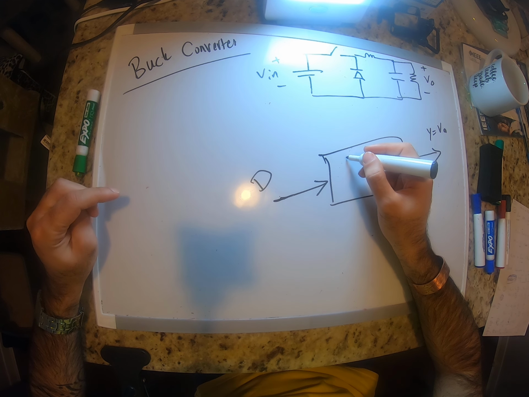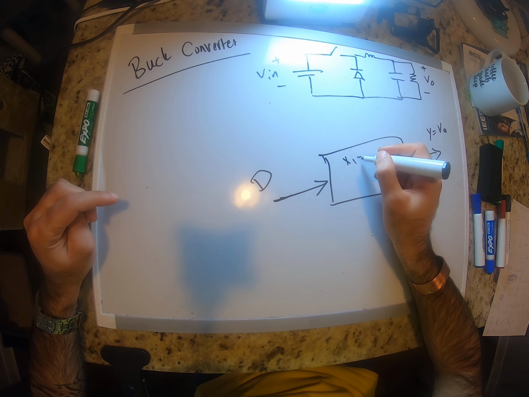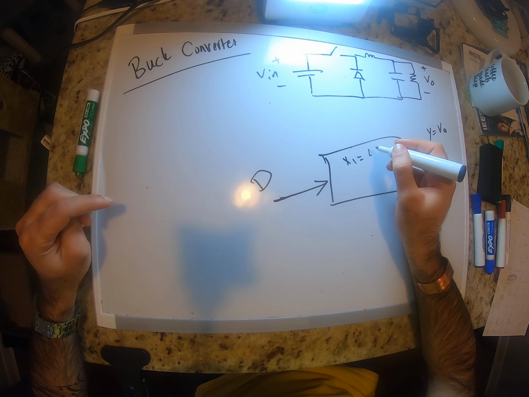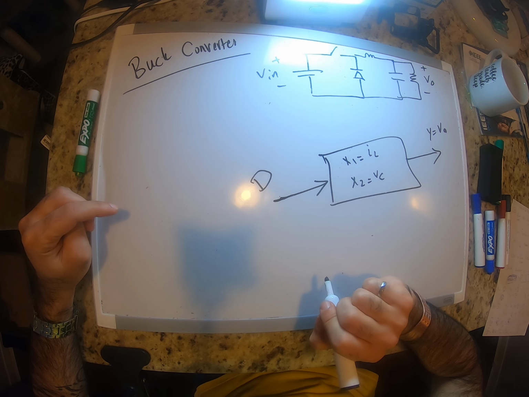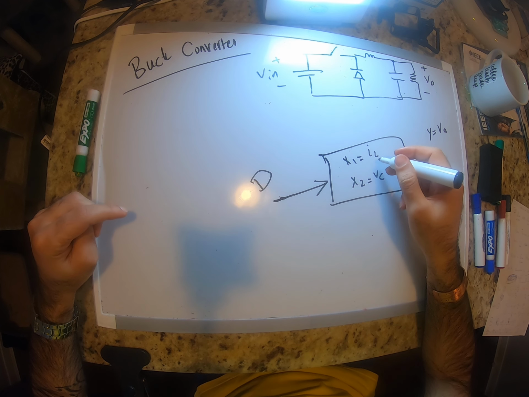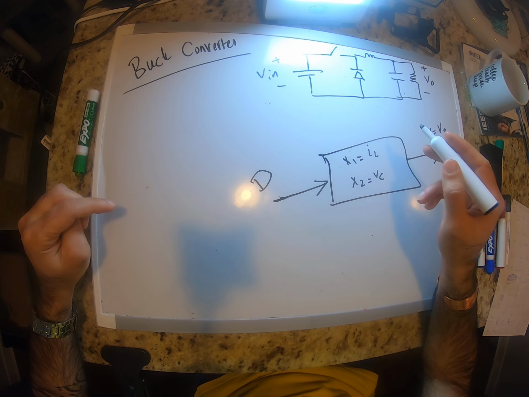We choose the inductor current and the capacitor voltage as our states, because that would make life much easier for us.